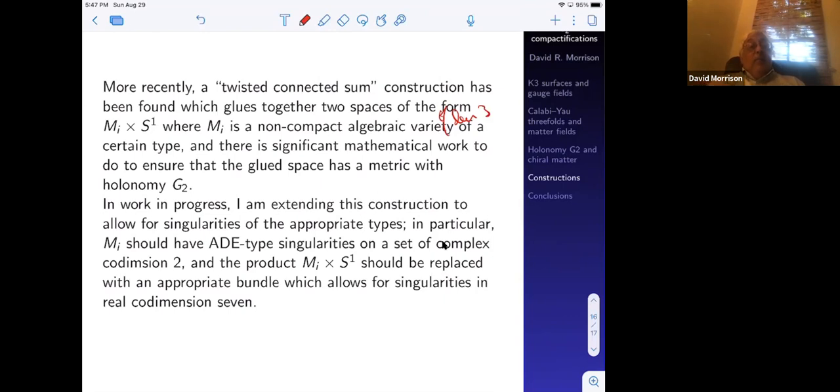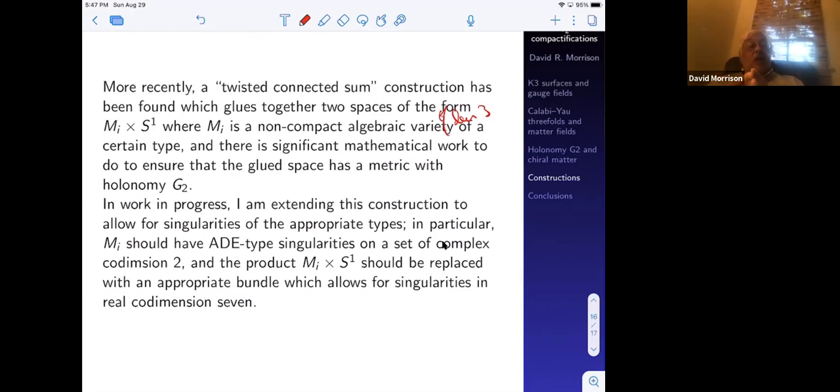And then when I glue them together, I don't want to just take the product Mi cross S1 because that would not allow for the codimension 7 singularities. Instead, I should take an appropriate bundle in which the S1 collapses to points at a few isolated points on the Mi. And that will allow for some singularities of real codimension 7 to show up in this process.